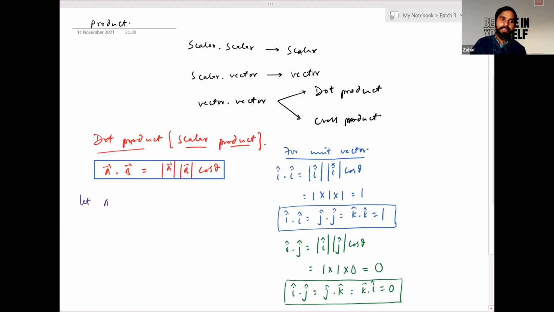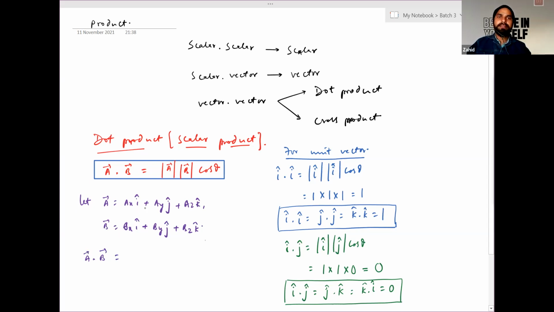Now using these two concepts, we have to calculate dot product using component parts. Let's say A has three components Ax I cap, Ay j cap, and Az k cap. Similarly, B has three components Bx I cap, By j cap, and Bz k cap. So A dot B: take the Ax component and multiply it with this whole part.